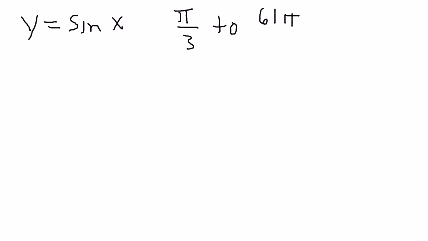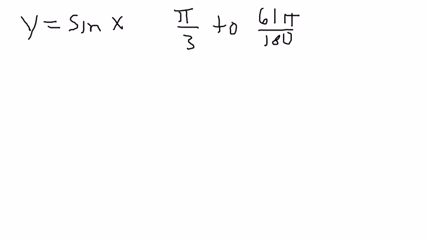Let's say I want to use differentials to approximate y equals the sine of x, if x changes from pi over 3 to something very close to it, let's say 61 pi over 180. Remember, 60 pi over 180 is pi over 3.